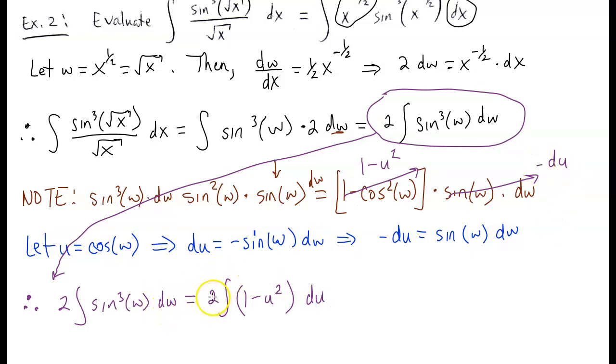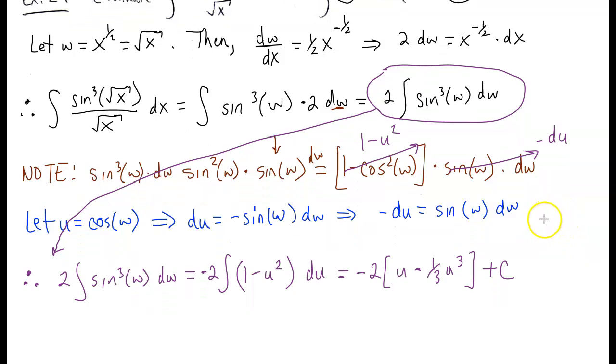And since there's a negative on that, we're going to pull that out in front, so -2. And then from here, we take the antiderivative of 1 with respect to u. It's just u. Take the antiderivative of u squared with respect to u. It's just going to be 1/3 u cubed. And plus c, since we're taking the most general antiderivative.